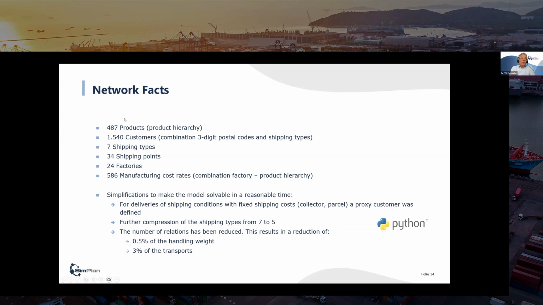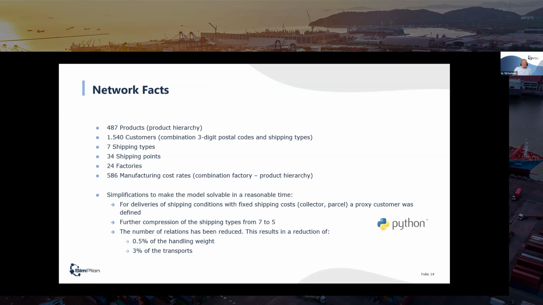We have 7 shipping types identified from more than 20. We have 34 shipping points, 24 factories, and more than 580 cost rates for production, which basically was a combination of factory location and product hierarchy.